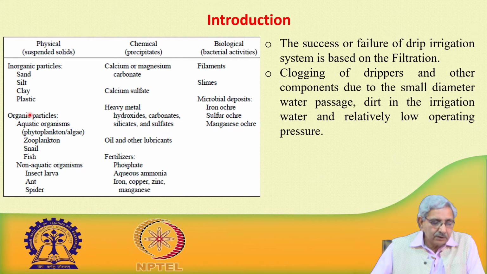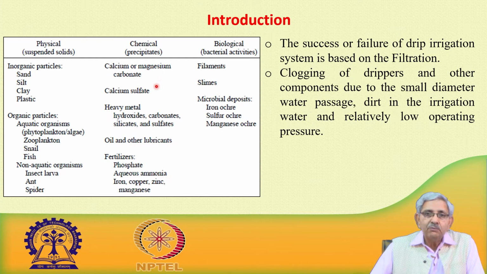These aquatic organisms can clog the drip emitter. And then non-aquatic organisms are insect, larva or ant, spider. These are the other physical material which are suspended in the water.